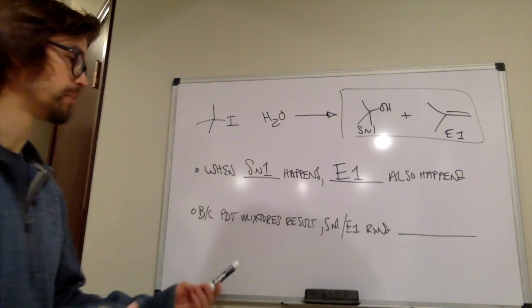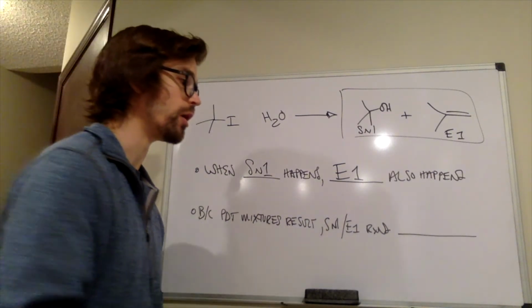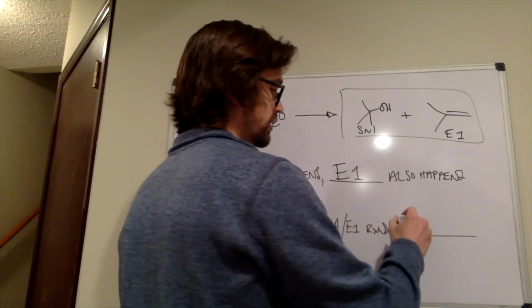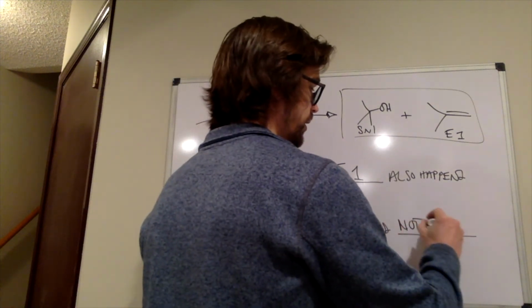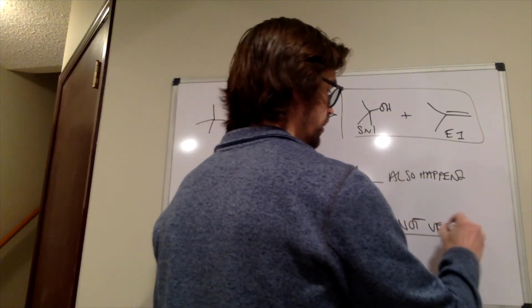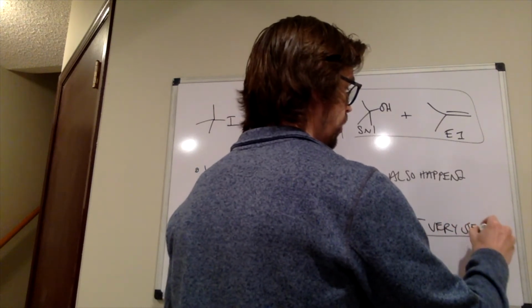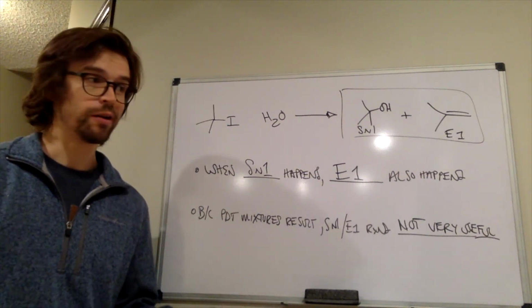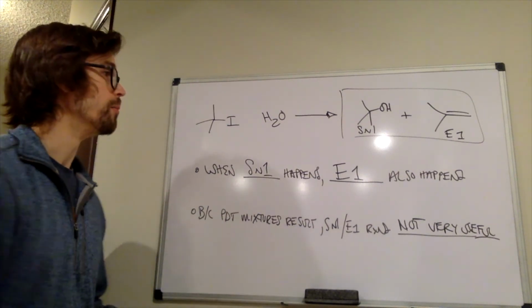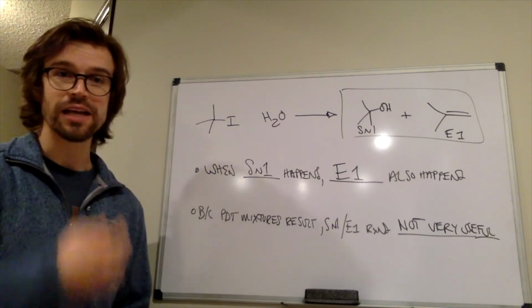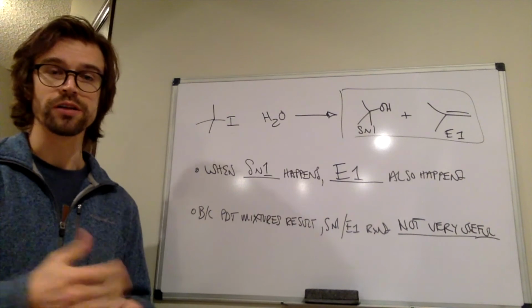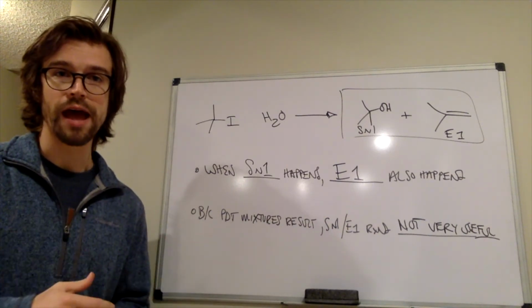But because product mixtures result with SN1 and E1, these reactions are not very useful. We still have to know what causes them to happen so that we can not have them happen if we can work that out. But essentially, any time that the conditions that we look at says that SN1 or E1 is going to happen, they're both going to happen.